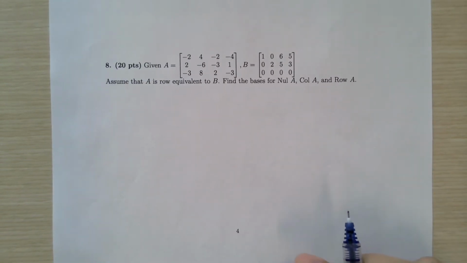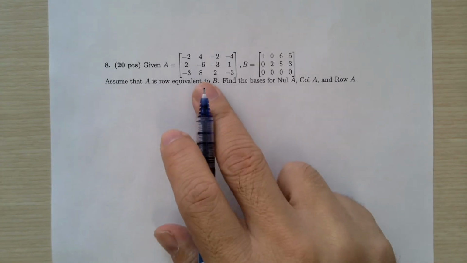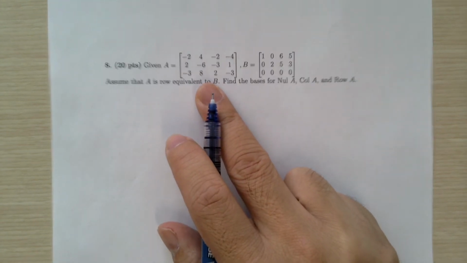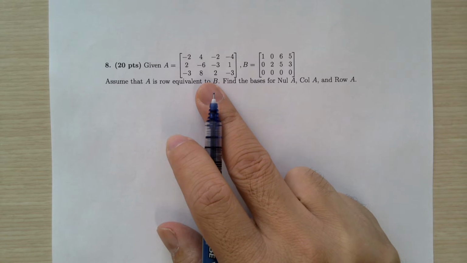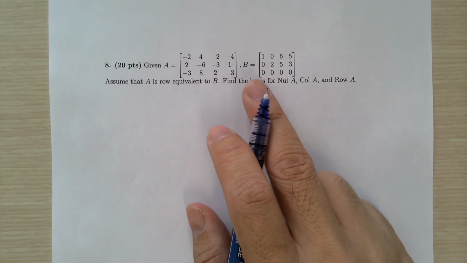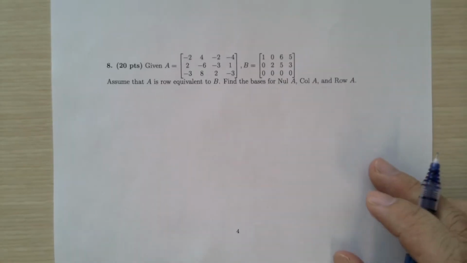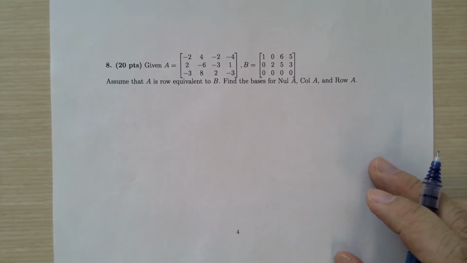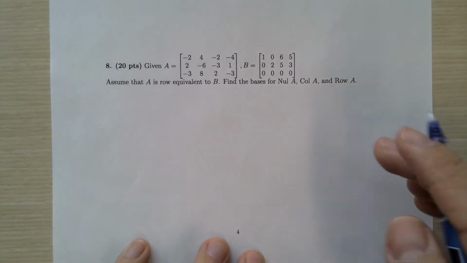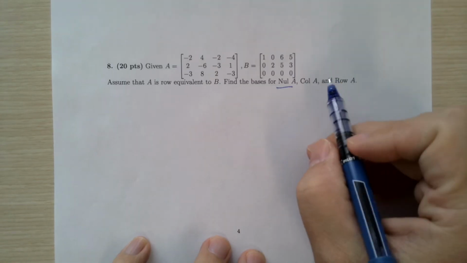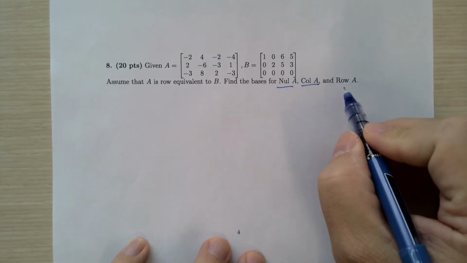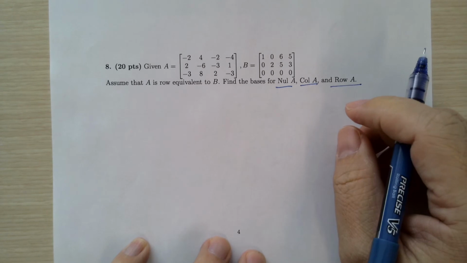We have a matrix here, and then we have the row equivalent matrix, which is an echelon form, and then it asks us to figure out the basis for the null space, column space, and the row space here.